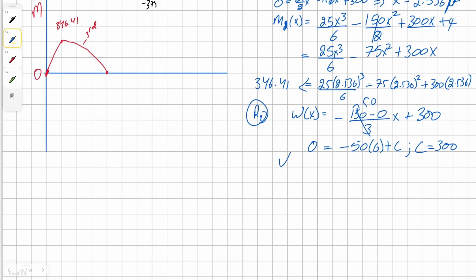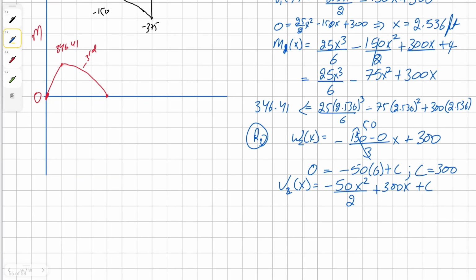Now we can use this equation to find our shear. It's going to be negative 50x squared divided by 2 plus 300x plus the constant. And for the constant, we know our shear is going to be negative 375 pounds when x is 9.